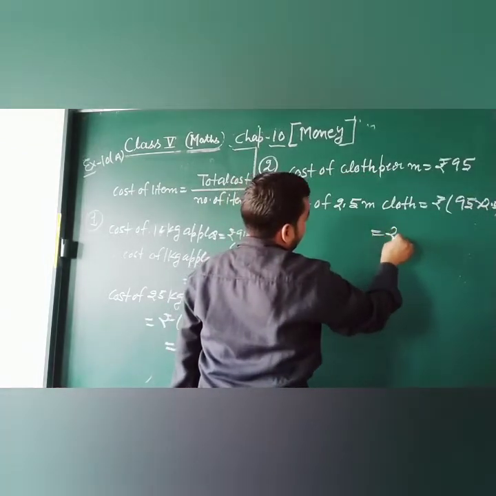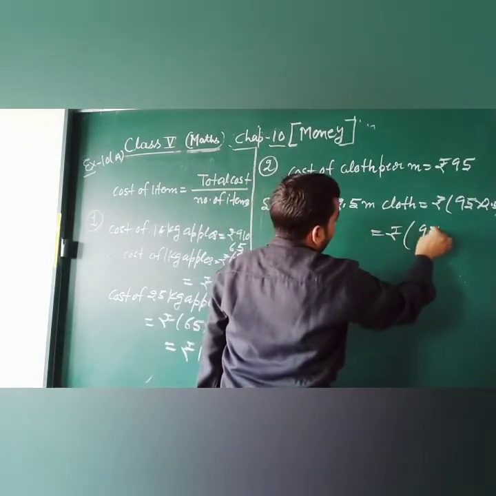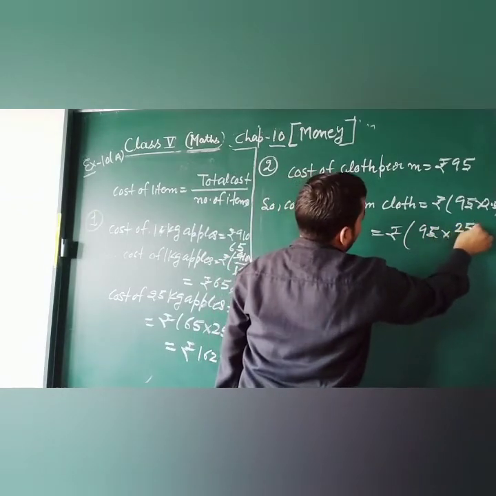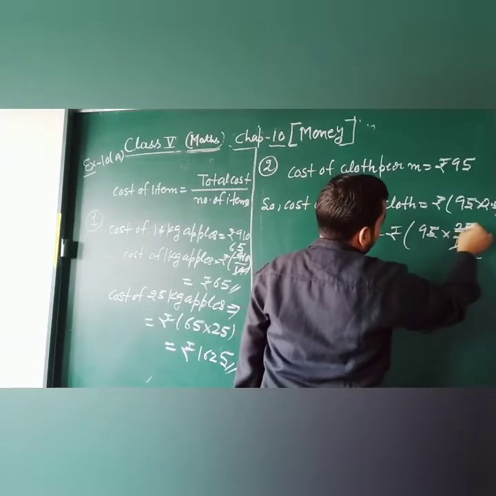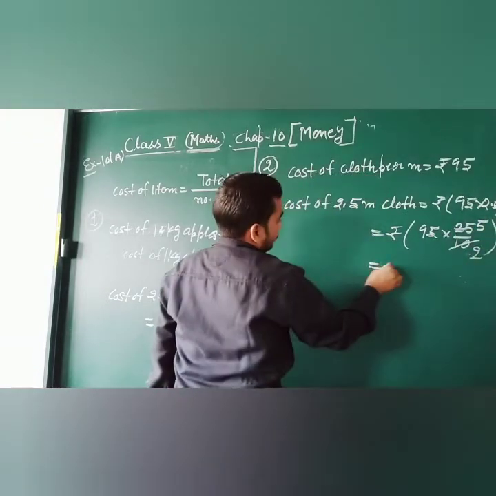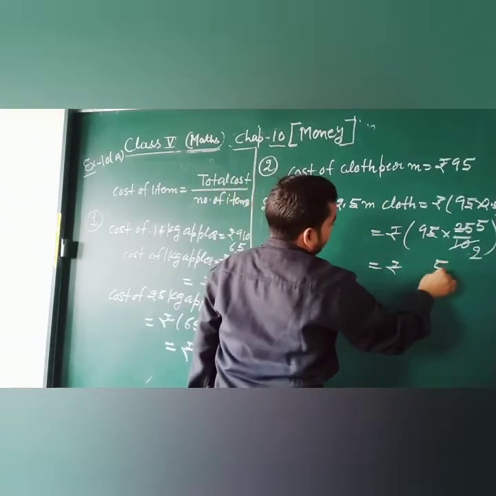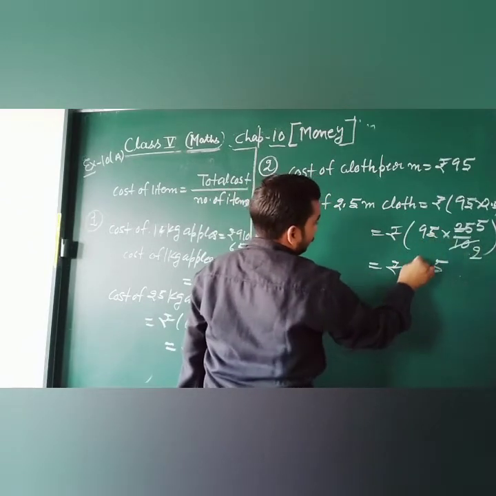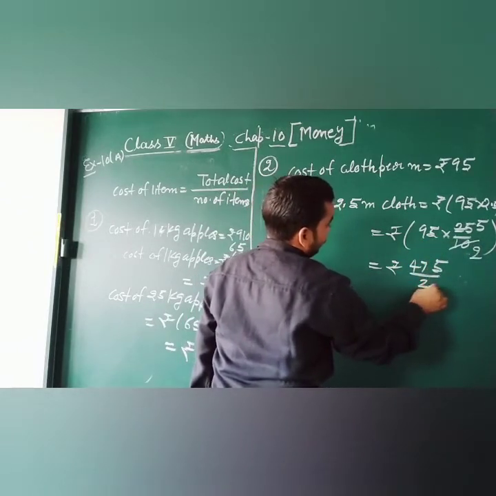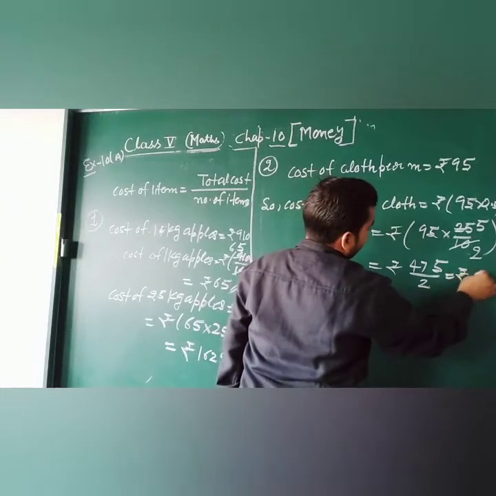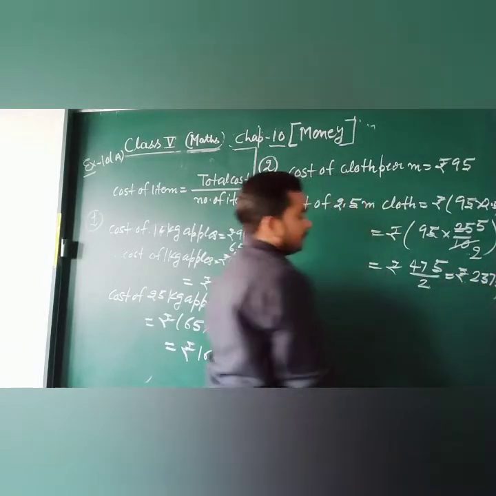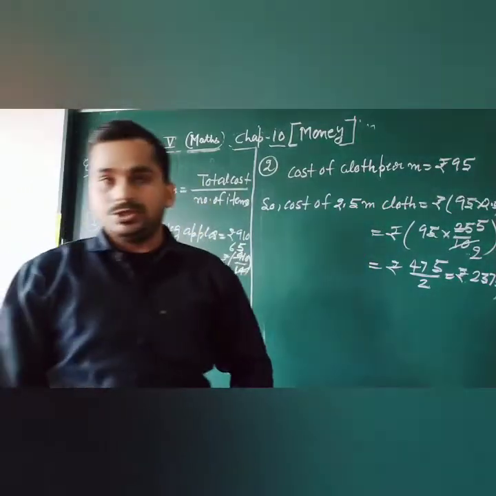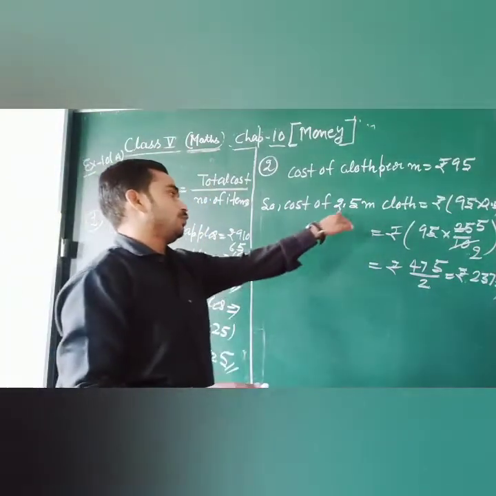When we multiply 95 by the decimal, 25 upon 10, 5 2s are 10, 5 5s are 25. Then 475 upon 2 equals, 2 2s are 4, 2 3s are 6, 2 7s are 14, 2 5s are 10. So 237.5 rupees is the cost of 2.5 meter cloth.